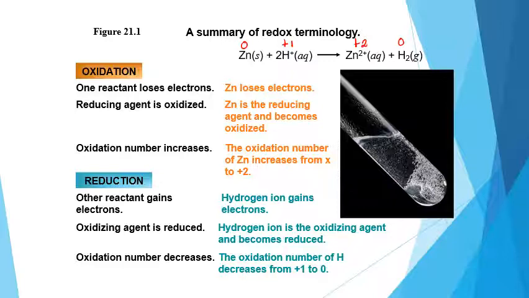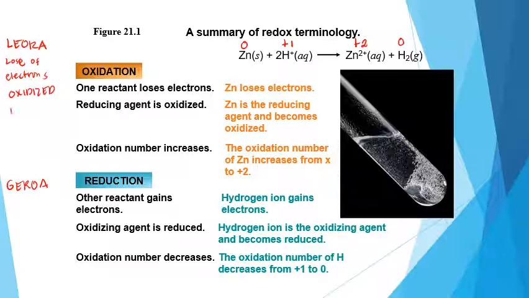It is also important for you to just remember the LEO and the GER. When you say LEO, that is just loss of electrons, meaning that the substance is oxidized.